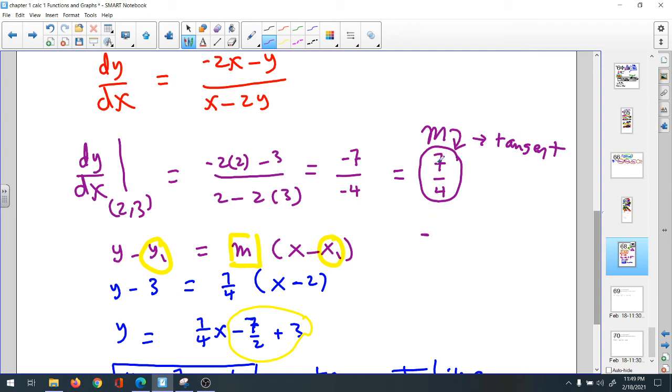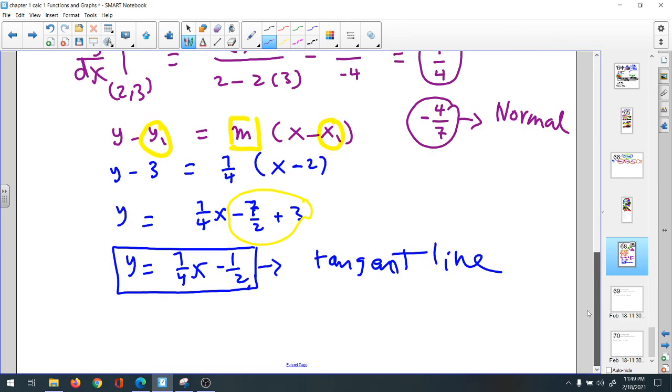Second is to flip 7 over 4 to be 4 over 7. That's the slope of the normal line, negative 4 over 7. If you multiply the slope and its perpendicular slope, it will be negative 1. 7 over 4 times negative 4 over 7 is negative 1.